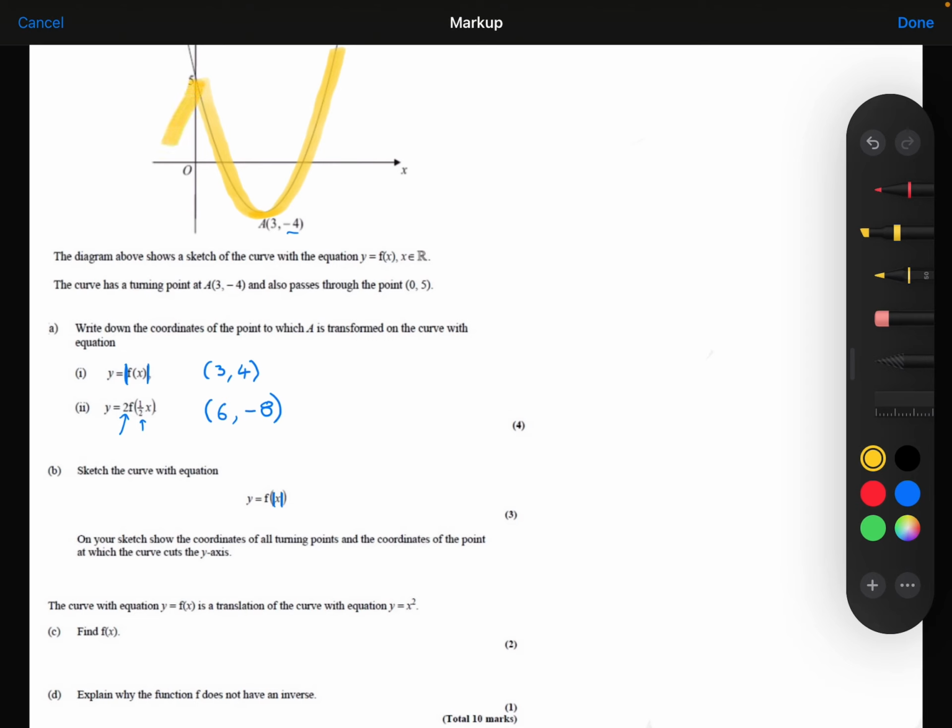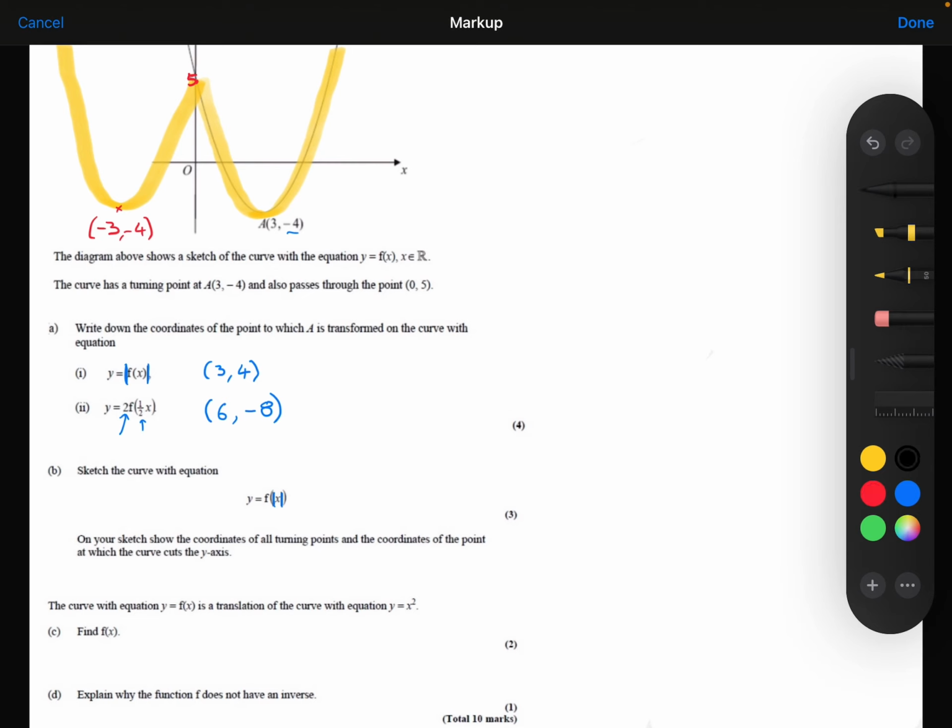So it's going to look like this. It's going to be a reflection, if you like, in the y-axis. And we will have another turning point here, which would be the coordinate (-3, -4). And this is the point 5 on the y-axis.